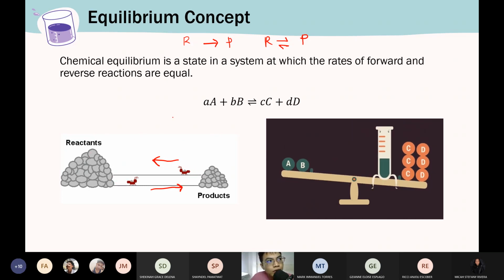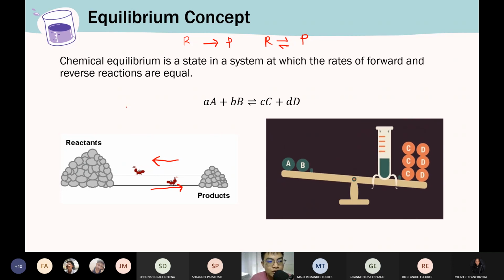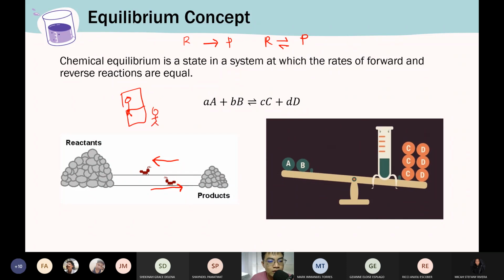So, siguro one way to think of an equilibrium system is when you go for vaccination. Di ba, kunwari, you go to a vaccination booth. So, ito yung medtech. Tapos yan yung plexiglass. Tapos dito ka nakaupo, right? So, the time you get vaccinated, syempre aalis ka.